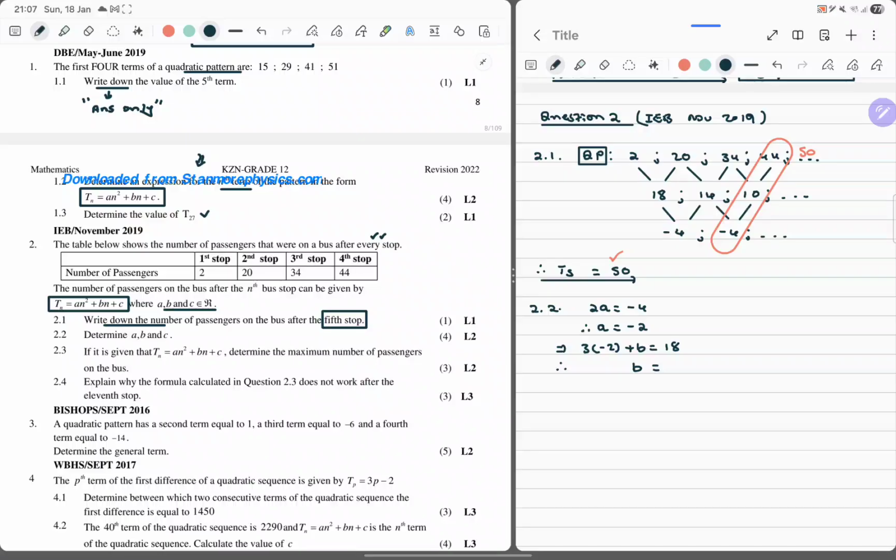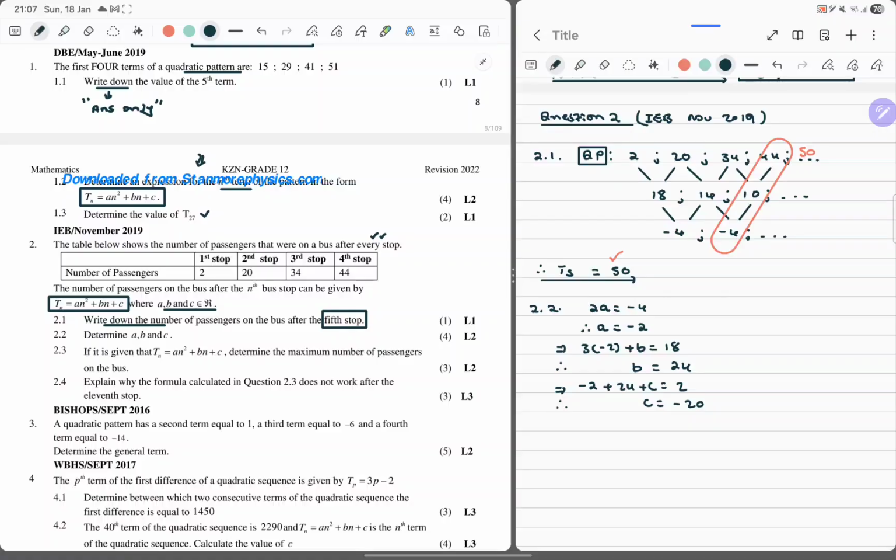Therefore, b is, so this is minus 6, we bring it on, we get 24, right? So this implies that a plus b plus c, which is minus 2 plus 24 plus c, should give us 2. Therefore, c is, now this is 22, we bring it, we get minus 20.